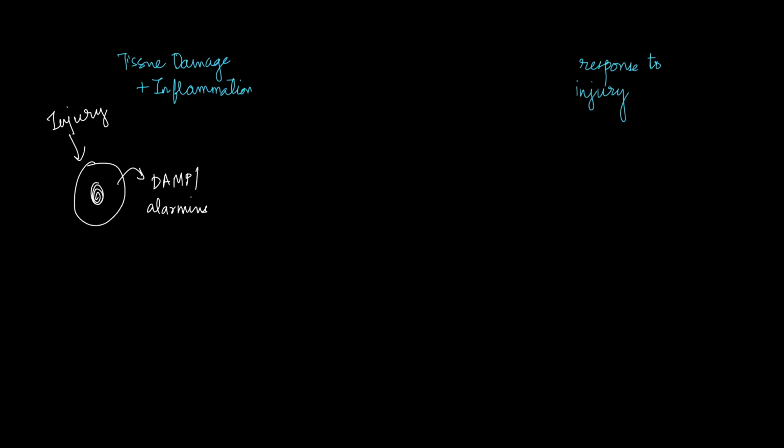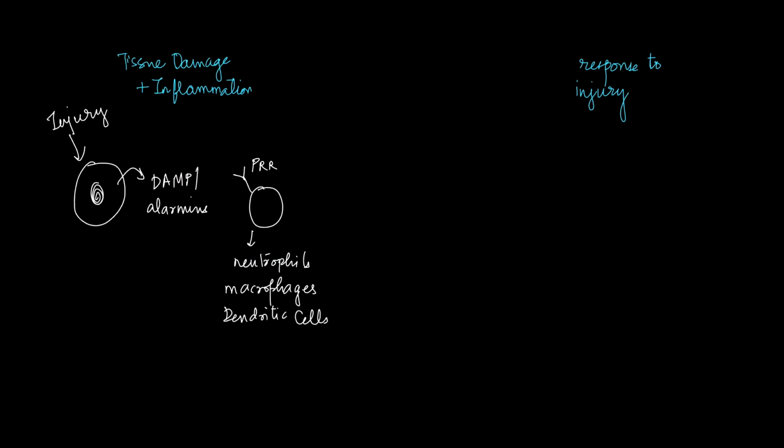Now, these damage associated molecular patterns are sensed by pattern recognition receptors like toll like receptors and nod like receptors, which are located on cells like neutrophils, macrophages, and dendritic cells, which are the cells of your innate immune system.